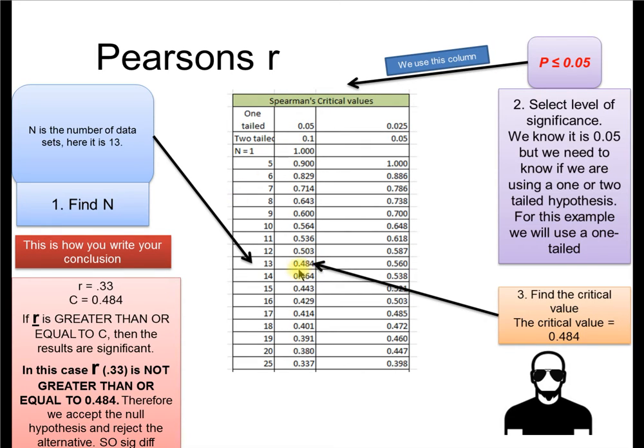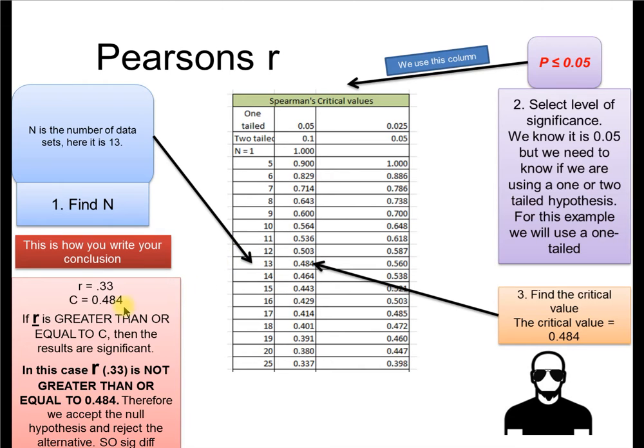We need to meet or exceed, that should say Spearman, sorry, 0.484. In this case, our value does not meet or exceed. It is not greater than 0.484. So we accept the null, we reject the alternative, and all that good stuff.